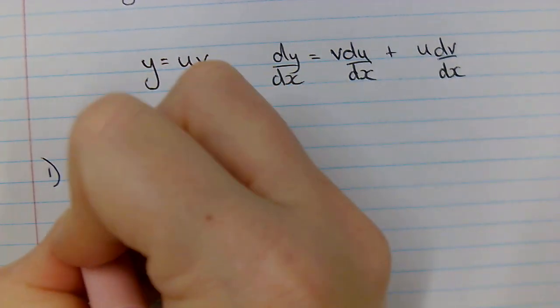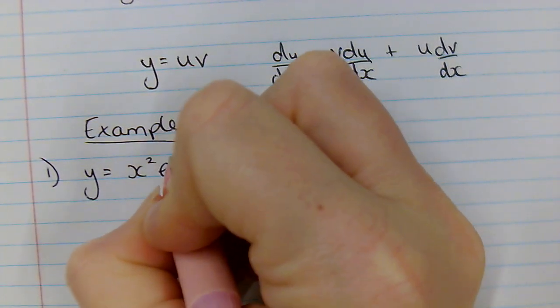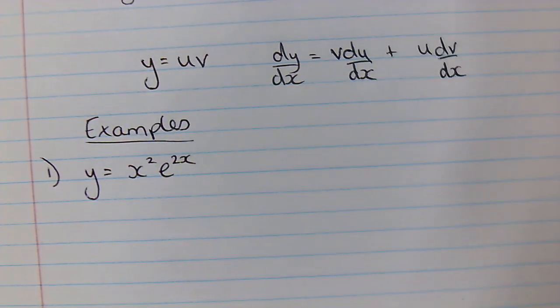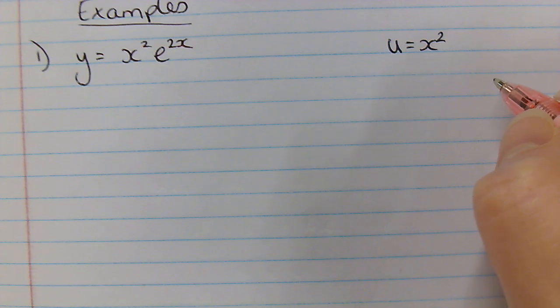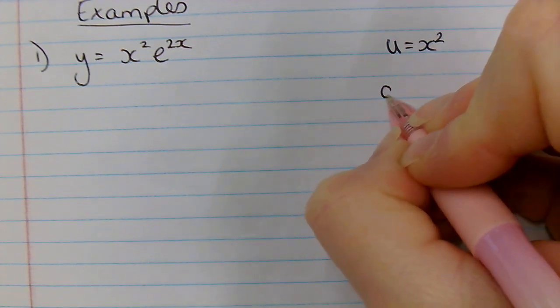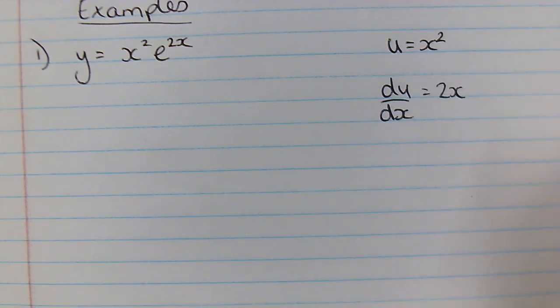So for number one, if we take y equals x squared times e to the 2x, the first thing we do, and I always do it as side workings on the side of the page, is let u equal x squared, so du by dx is going to be 2x, just differentiating u with respect to x.